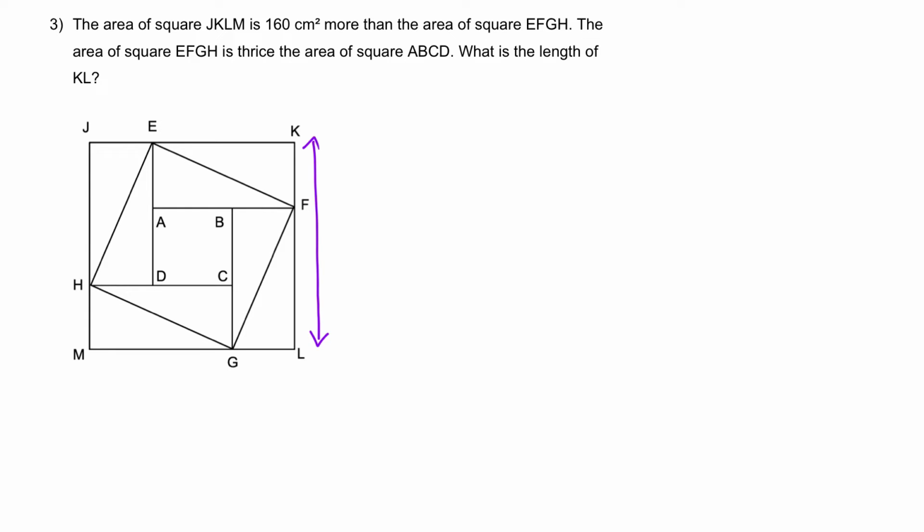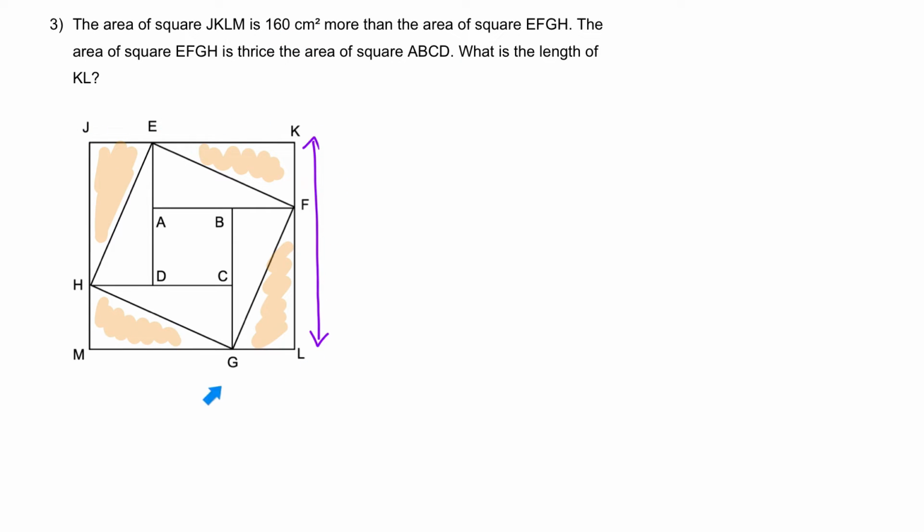Let's analyze the first sentence. The area of square JKLM, over here, the outer square, is 160 cm square more than the area of square EFGH over here. I will just call this a slanted square for easier reference, meaning this portion over here, this plus this plus this plus this must be equal to 160, isn't it?